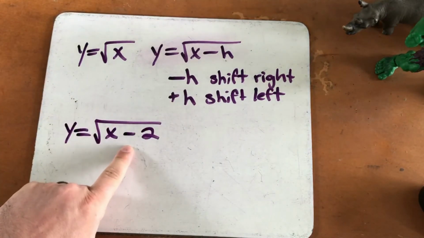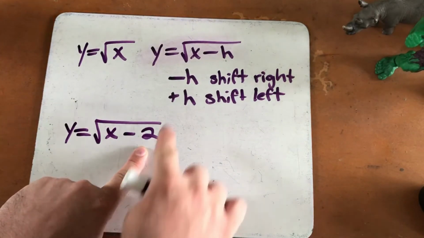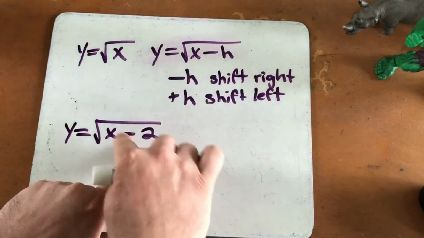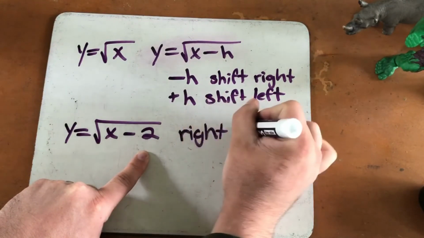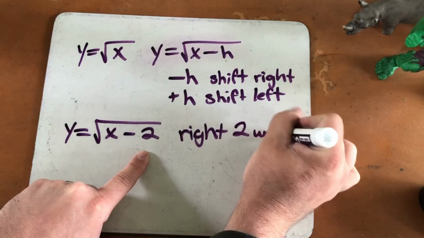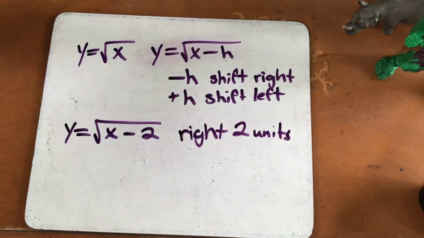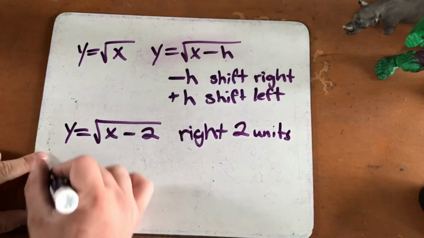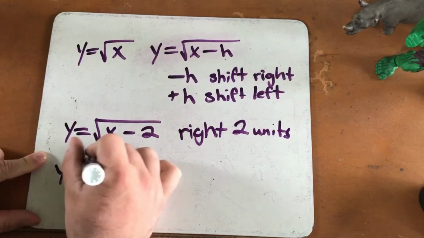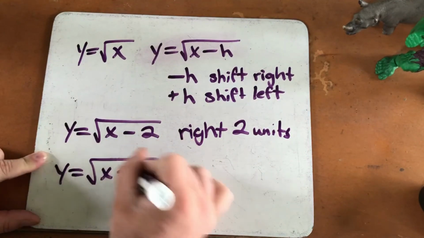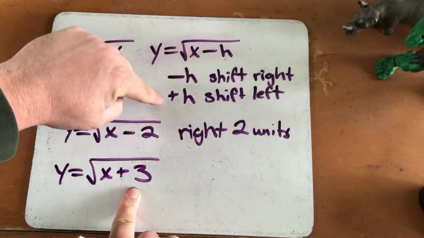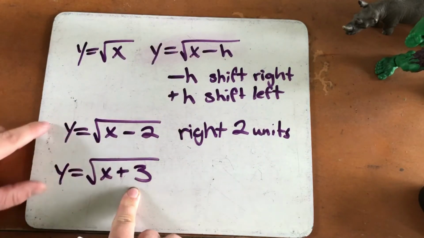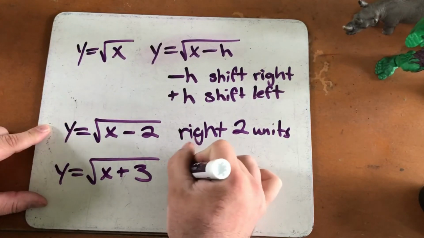So let's say I have y equals the square root of x minus 2. Does it say minus h? It does, but that means it goes to the right 2 units. If I have y equals the square root of x plus 3, this says plus 3, and we said that underneath the radical, if it says plus h, that is to the left.